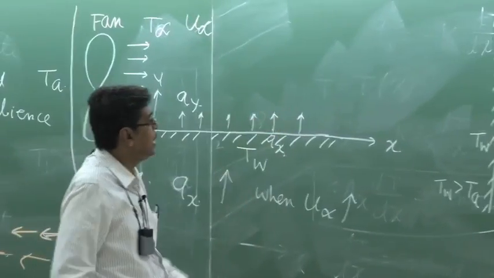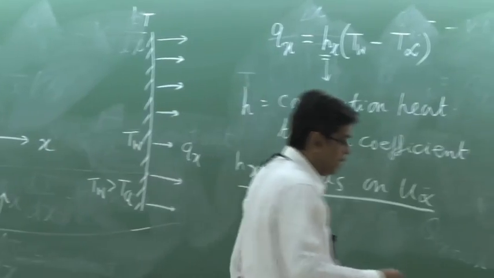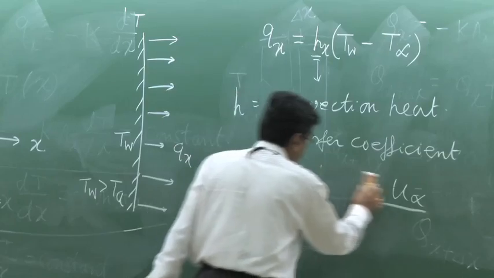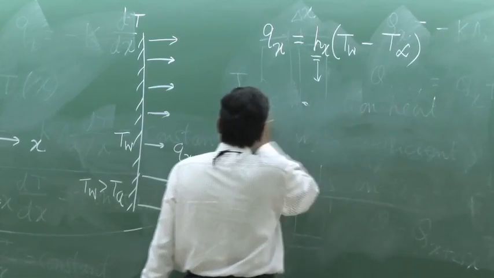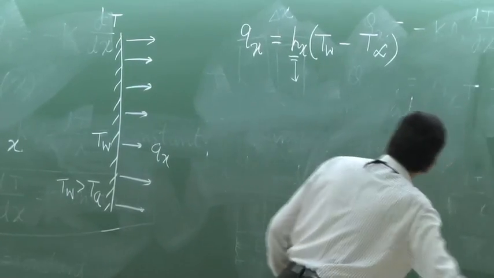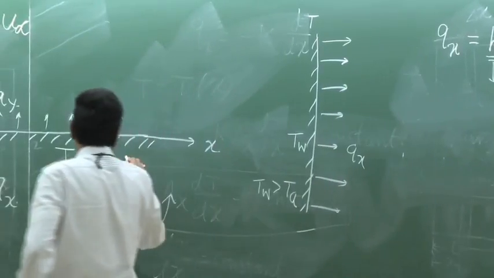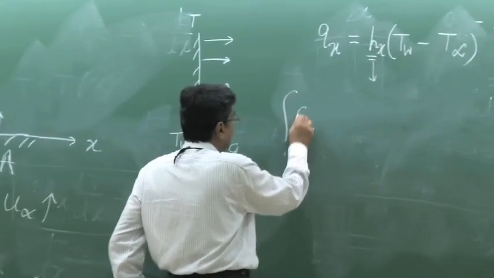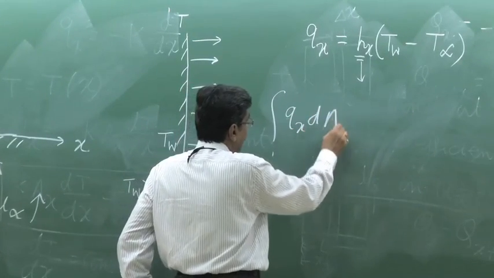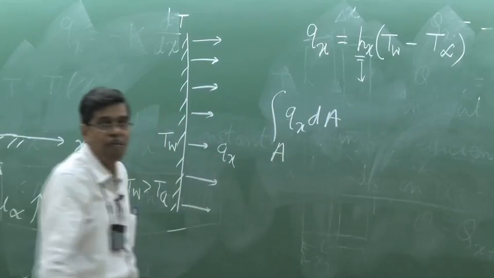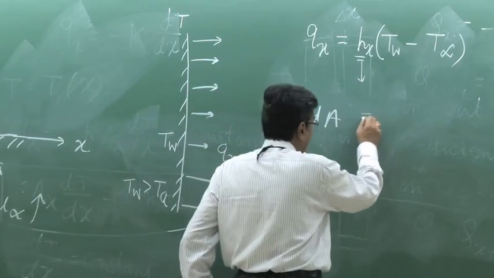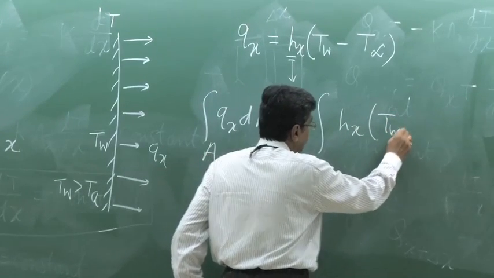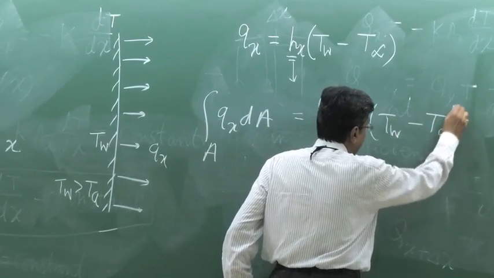Now this is the relationship that defines Hx, the local heat transfer coefficient. Now if you have to find out the total heat transfer from a surface of area A, then what you have to do? You have to integrate Qx dA over the area A. That means you integrate Hx (Tw minus T infinity) times dA.